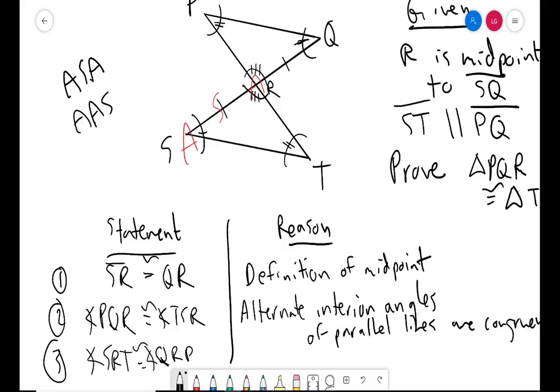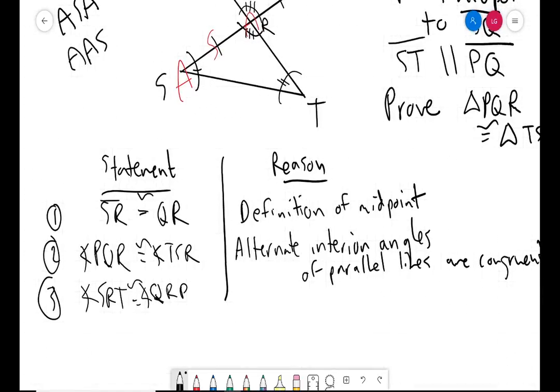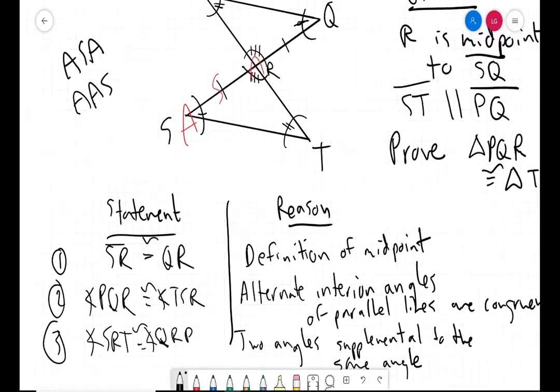The measure of QRP plus the measure of that same exact angle is also 180, and therefore they must be the same. What is the angle in question? Well, this one or this one.